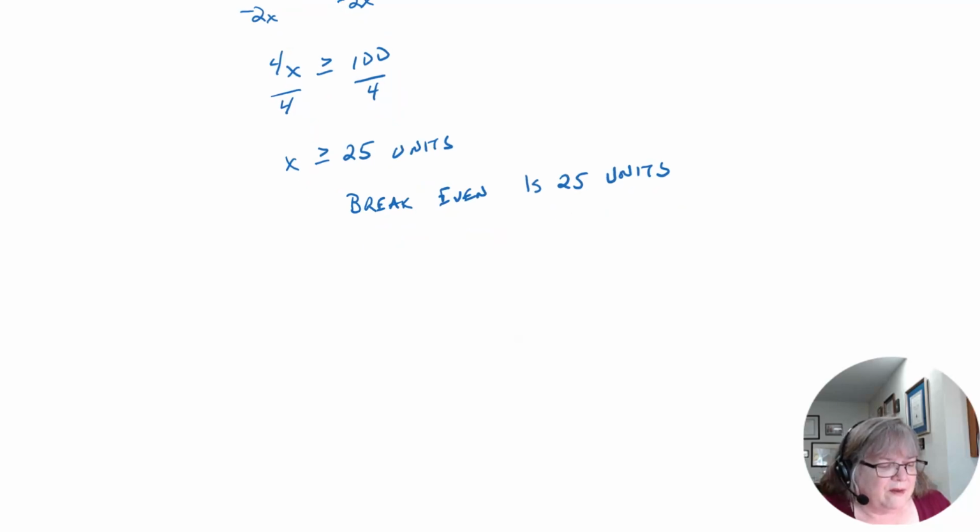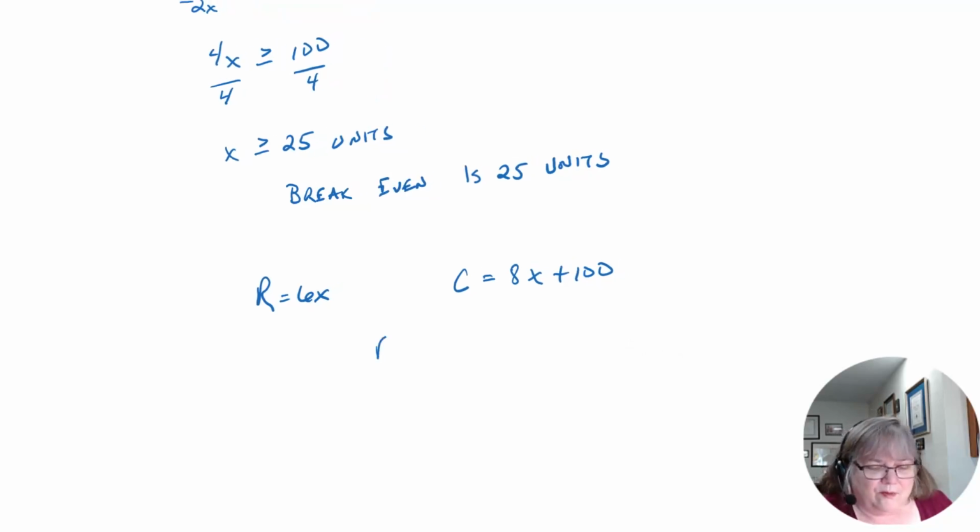All right. Now, what if the revenue was still 6x? I still only sell them for $6 a piece, but my cost function was higher because I'm using more exotic materials or something, for each one. Then again, when is the revenue greater than or equal to the cost?